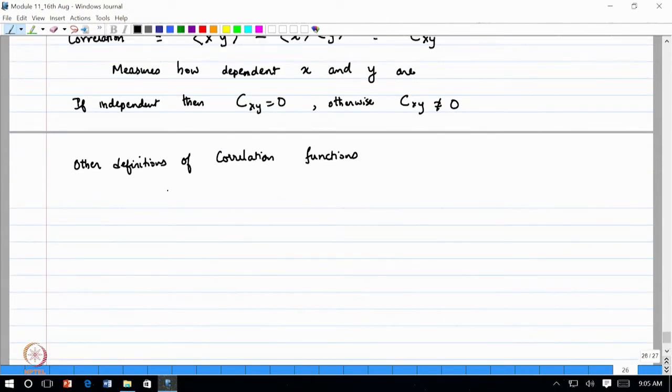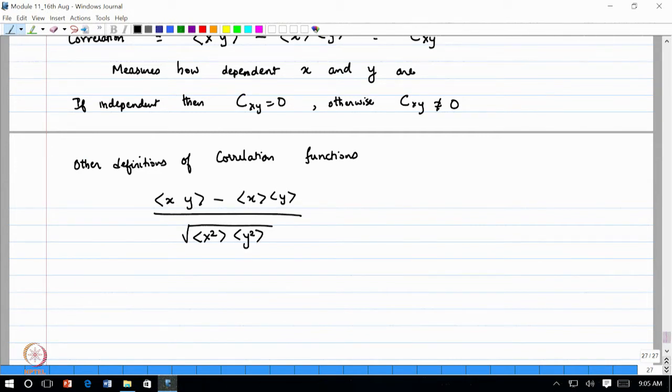Sometimes what is done is you define it as x times y minus x y divided by, what is done is square root of x square y square. Okay. So, sometimes it is defined this way, okay, and so on.